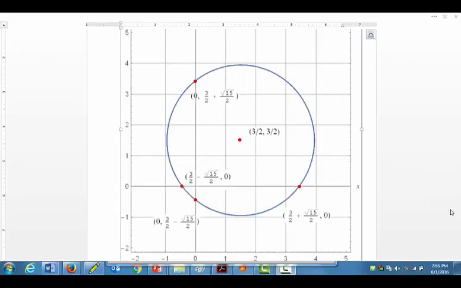So here I actually have all of this incorporated into a graph. Here is my center, the point 3/2, 3/2. Here's my larger y-intercept, 0, 3/2 plus square root of 15 over 2.